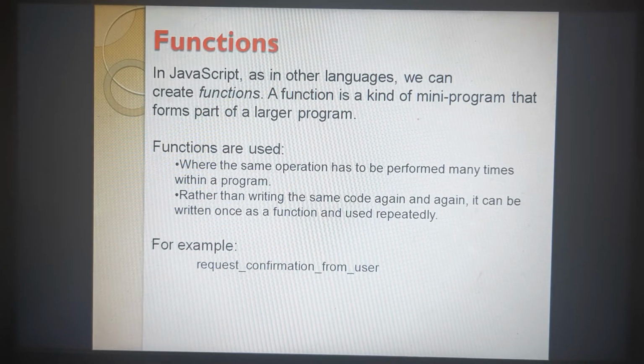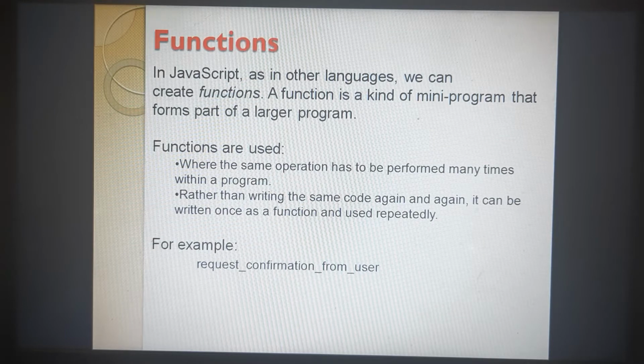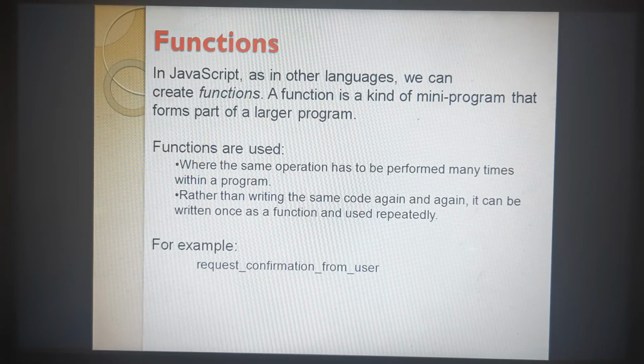Rather than writing the same code again and again in different places of the program, once you write the code in a function, that function can be called multiple times. So it can be written once as a function and used repeatedly. These are the uses of functions.